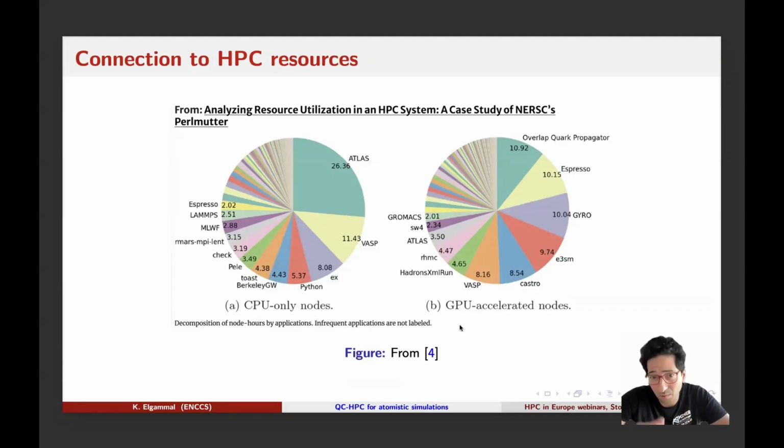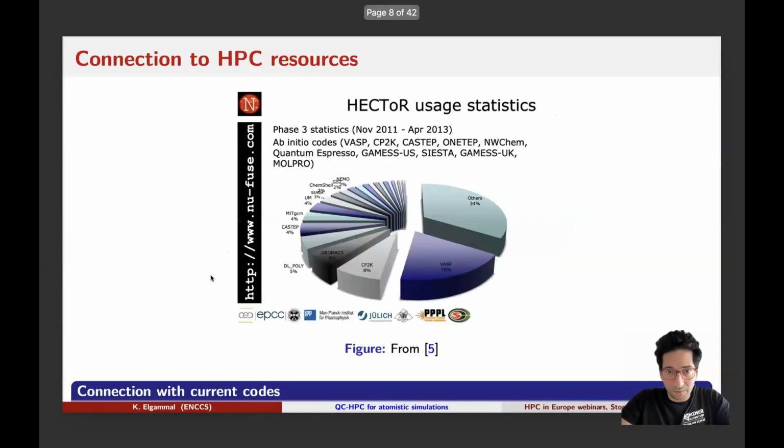This image is actually old, maybe 10 years old; the numbers are probably bigger right now. This shows you how big HPC calculations are in material science, so it's already a big industry sector.